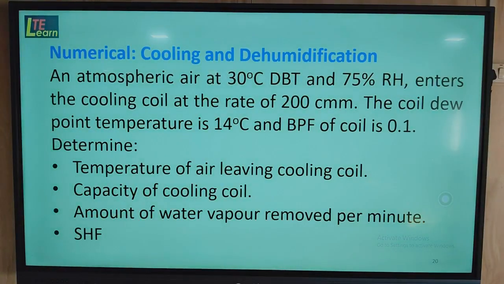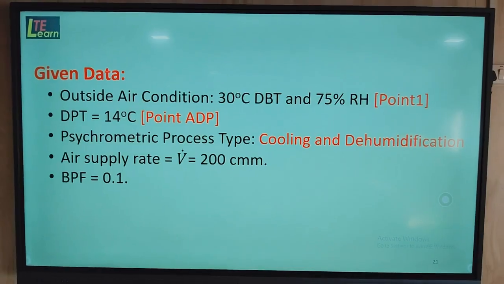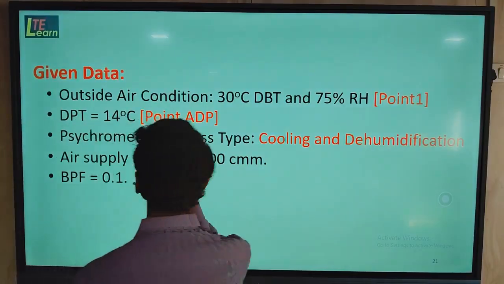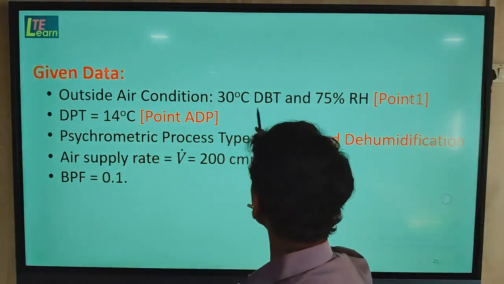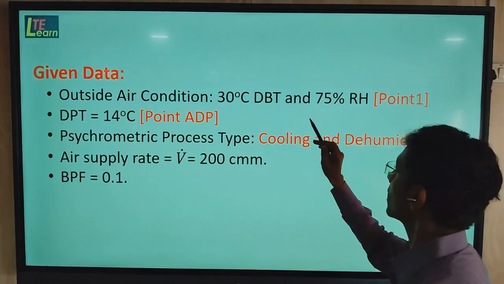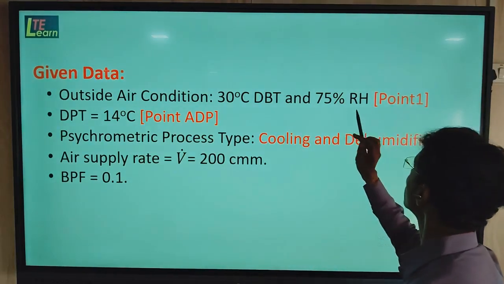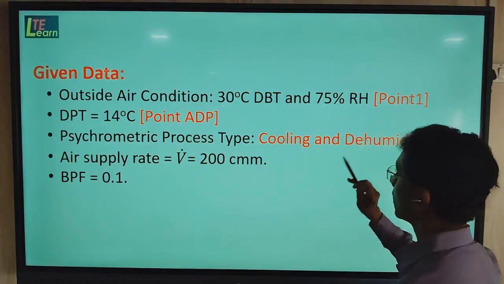So first of all, we will enlist the given data. In this numerical, the condition of air coming from the outside is given with two properties: a dry bulb temperature of 30 degrees Celsius and a relative humidity of 75%.